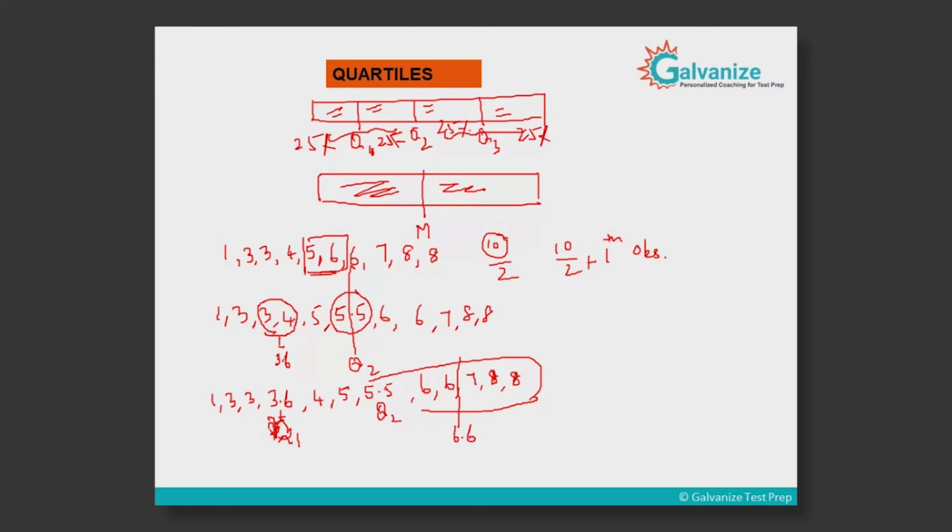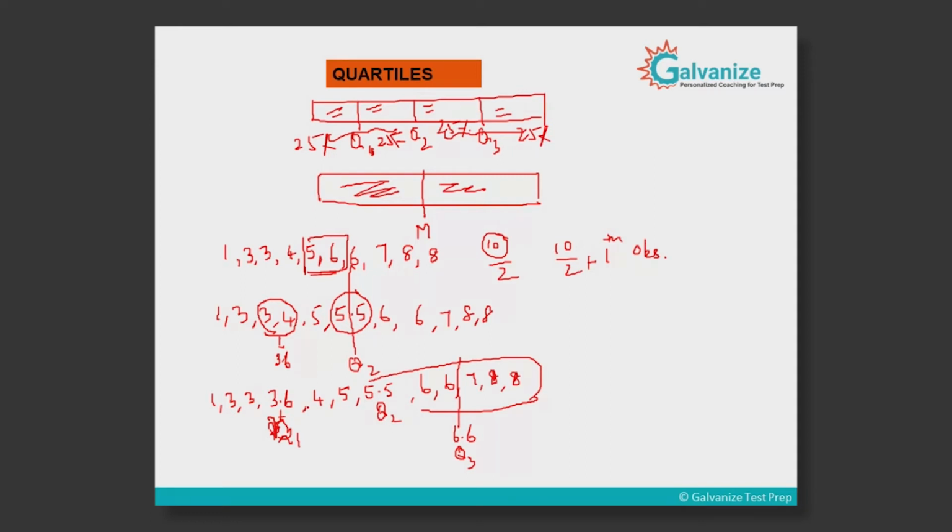That's going to divide this into 2 equal parts, and Q2 is dividing the entire data set into 2 equal parts. Q1 is dividing the first half into 2 equal parts. Can you see that? Q1, Q2 is 5.5, and your Q3 is 6.5. I have 3 quartiles which have divided this data set into 4 equal parts.